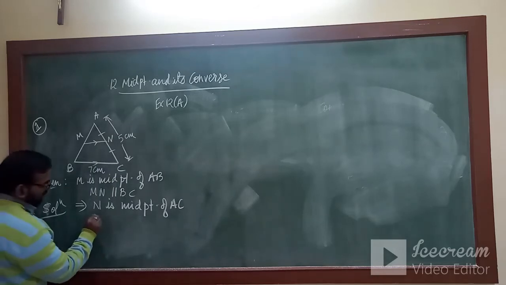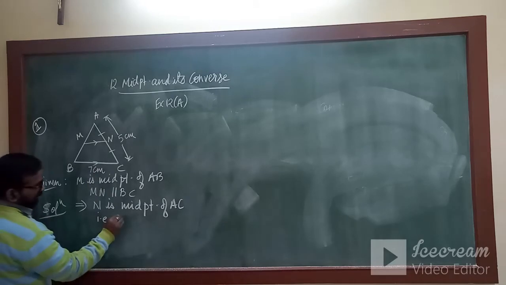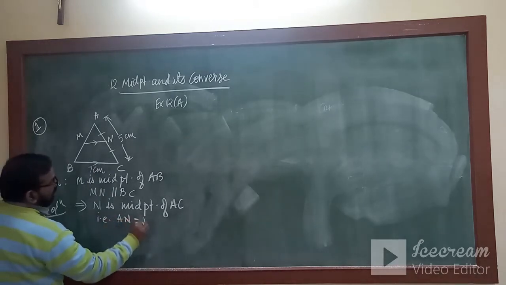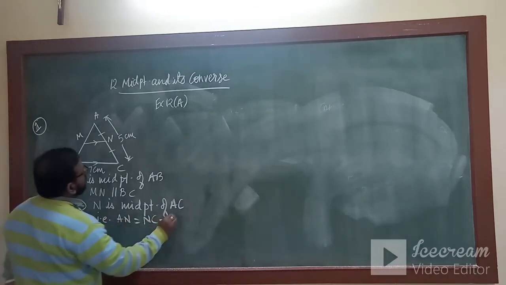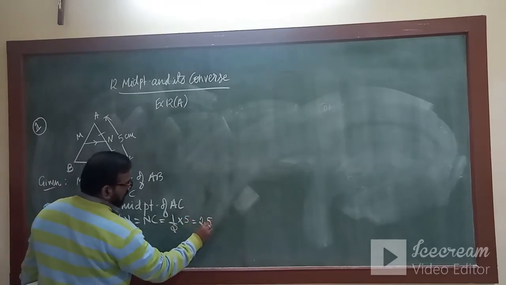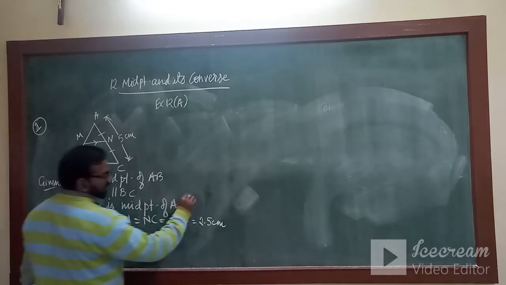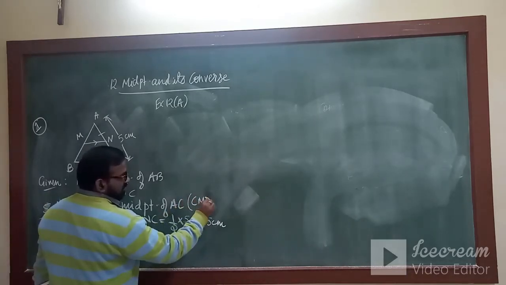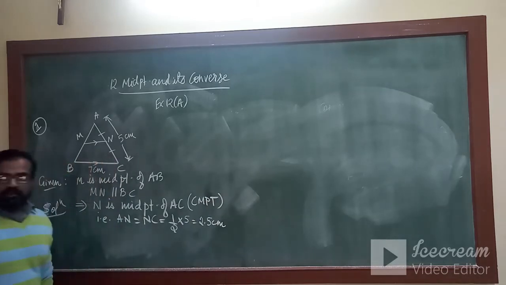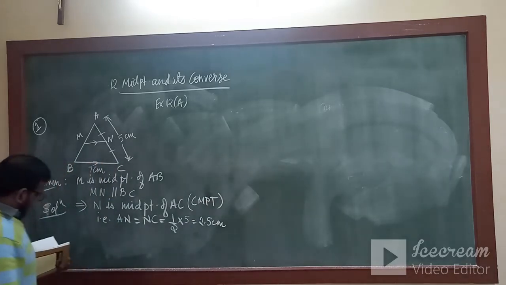So we can say that AN equal to NC equal to half of 5, that is 2.5 centimeter. Okay. Here we can write in the brackets CMPT. CMPT stands for converse of midpoint theorem, and for the midpoint theorem you can write MPT.